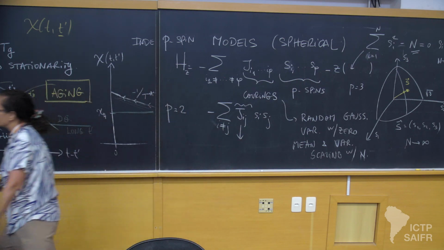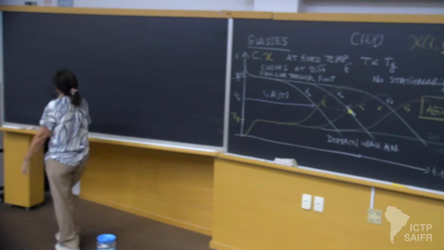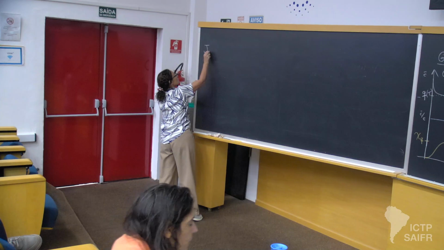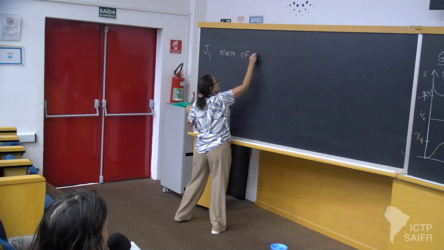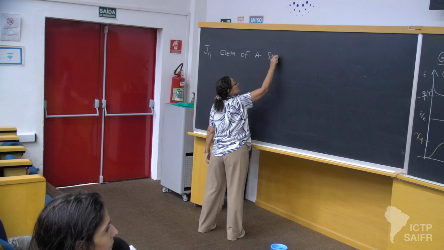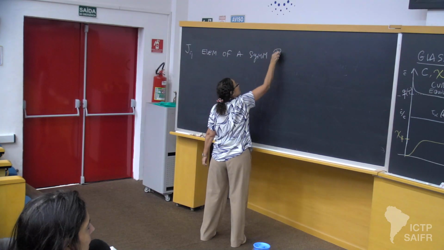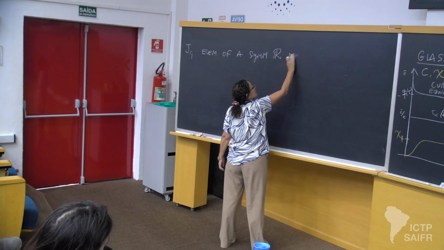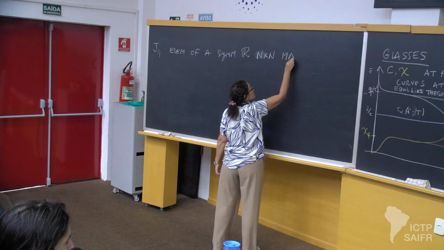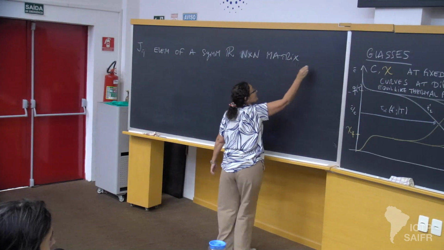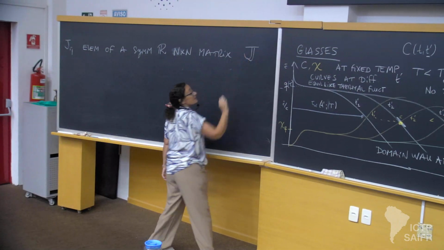What I mean is that for p equals 2, I have these J_ij's, which I can consider to be the elements of a symmetric, real, n by n matrix. Let's call it this way.